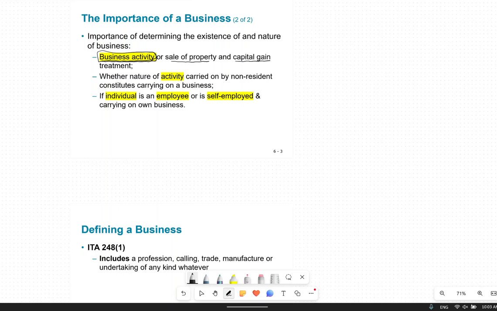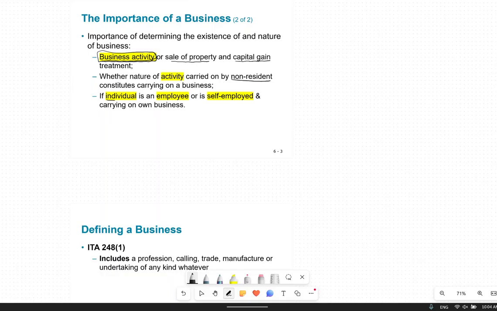Also important is the nature of the activity carried on. It is important to know who owns this business. Is it a resident or a non-resident who carries on the business?